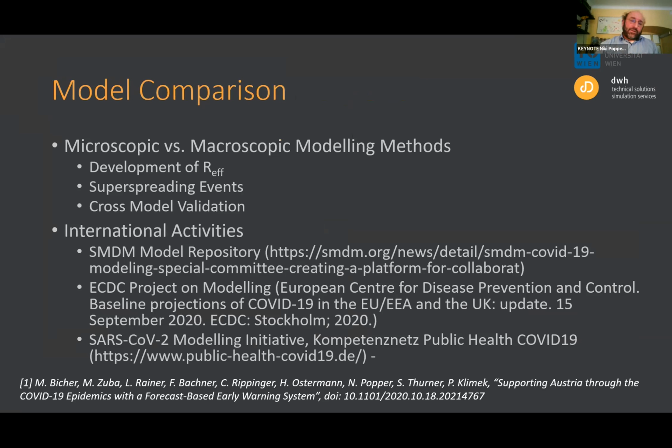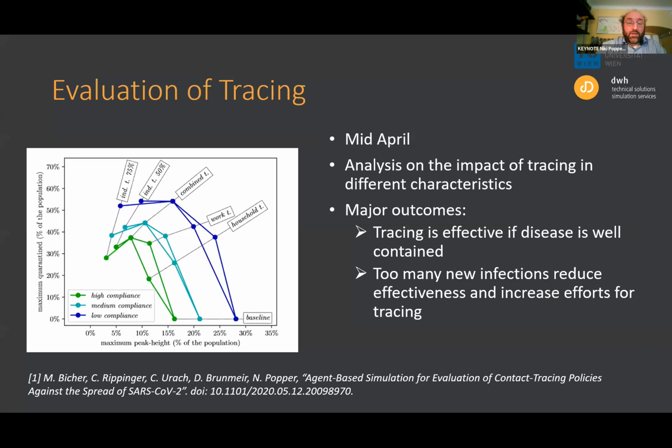We always try to compare our macroscopic and microscopic modeling methods regarding different outcome measures. And of course, there are different international activities like the Society for Medical Decision Making Model Repository, the ECDC project on modeling, or other initiatives, for example, in Germany and other countries.